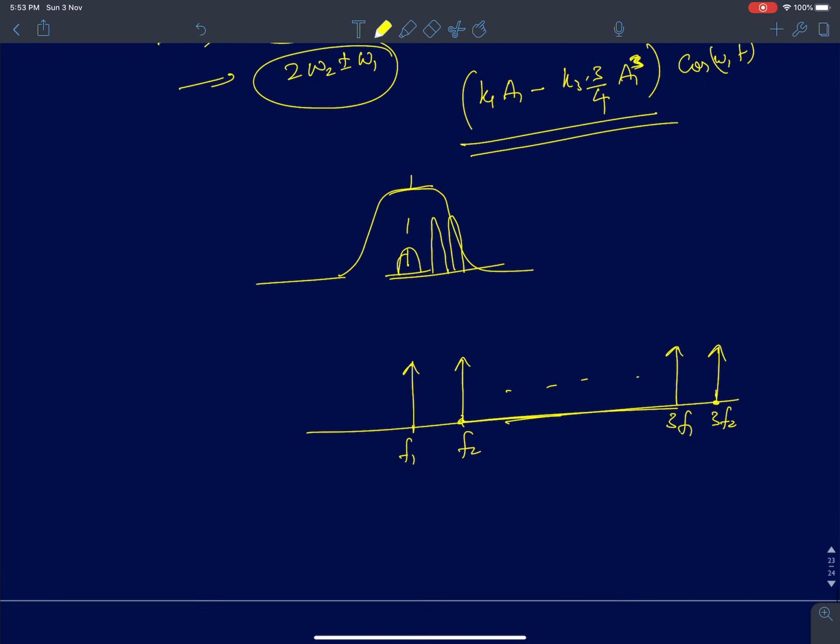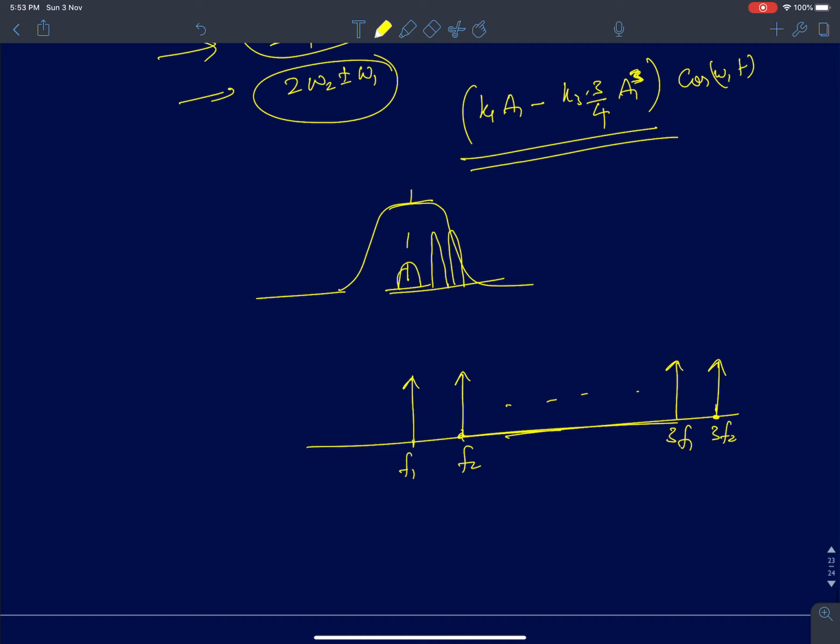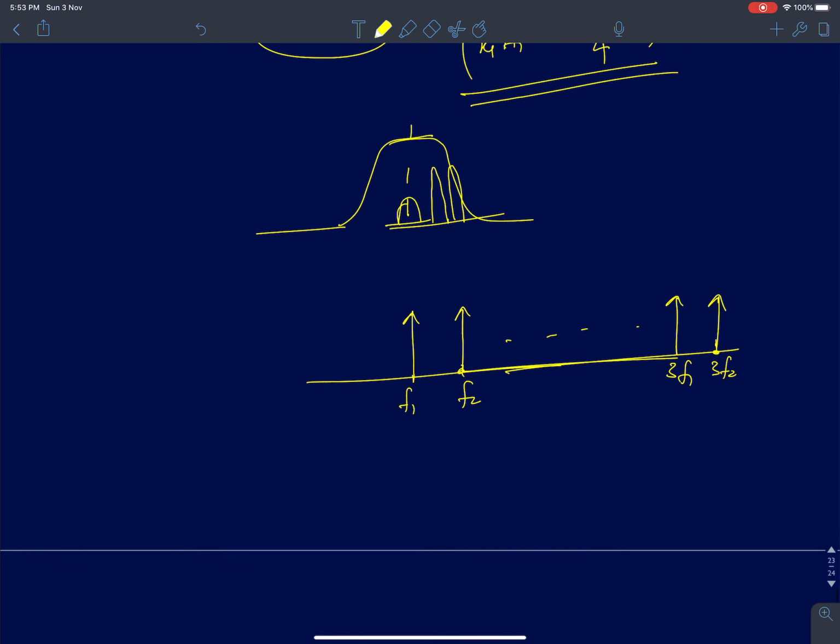Then I'll also get frequencies at 2F1 plus F2 and 2F2 plus F1, which depends on the values of F1 and F2, and will also be at much higher frequencies, far away from F1 and F2.